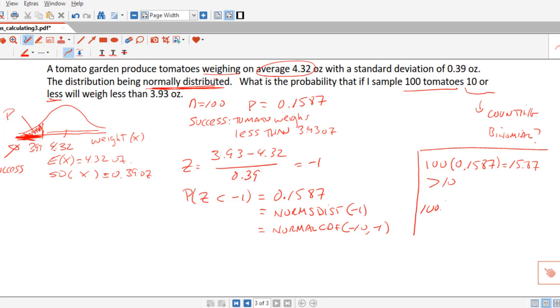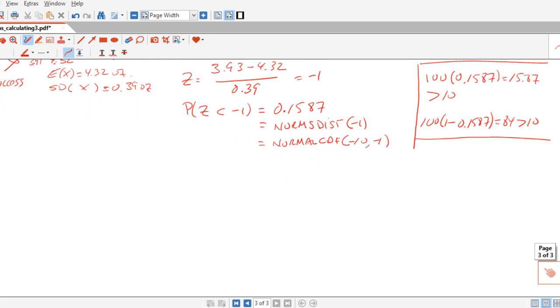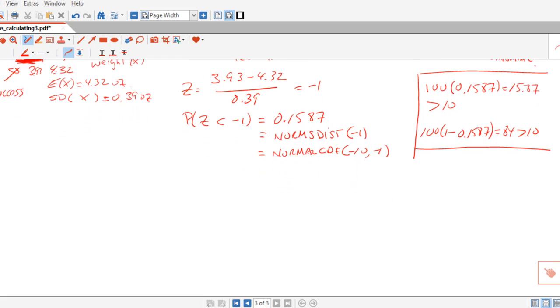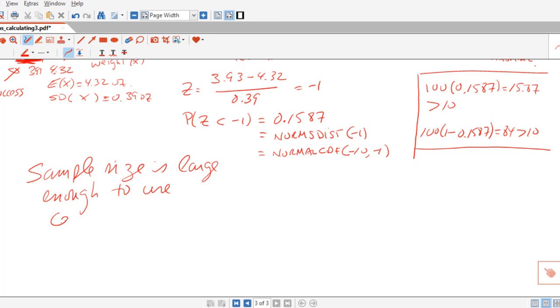So 100 times 1 minus 0.1587, it's approximately 84, which is again greater than 10. So if I wanted to do a normal approximation, I can, and I'm going to. So all we're saying is the sample size is large enough to use the central limit theorem.